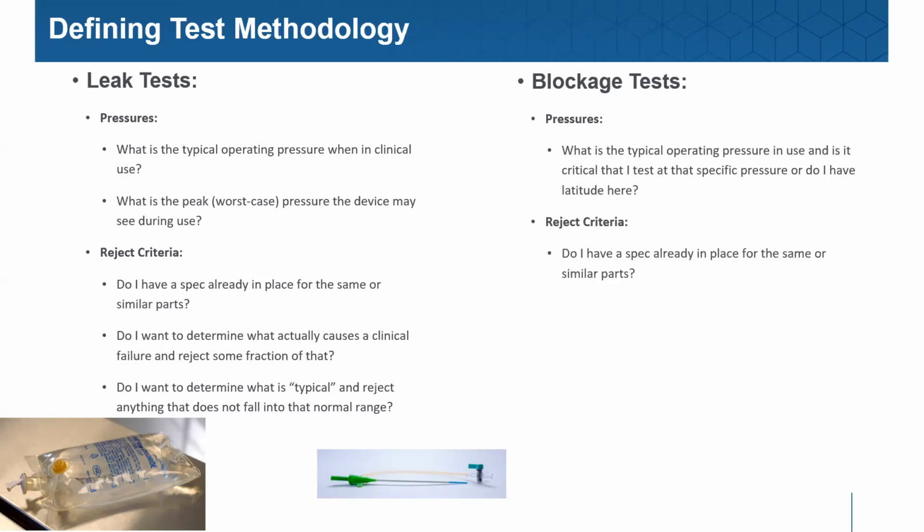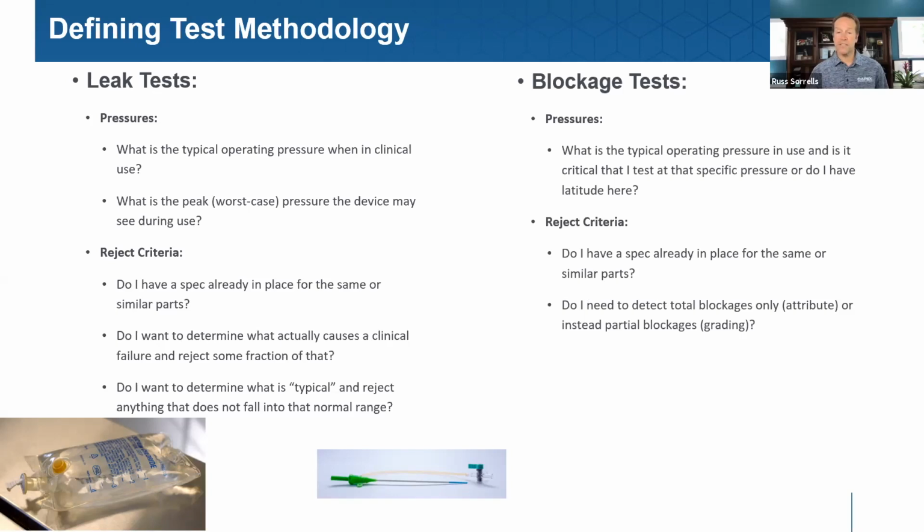How about reject criteria? Do I have a spec already in place? Maybe perhaps a certain flow rate limitation, or maybe a pressure loss spec, something like that. Or percentage, a common conversation is the percentage of blockage. That's exactly right. Do I have a spec in place already?